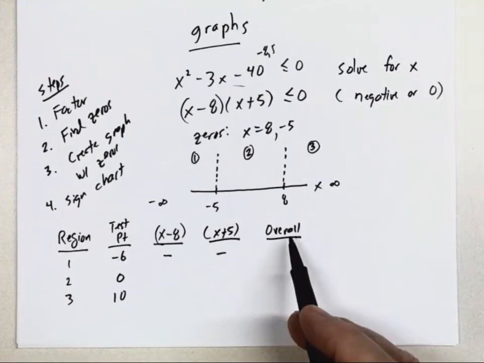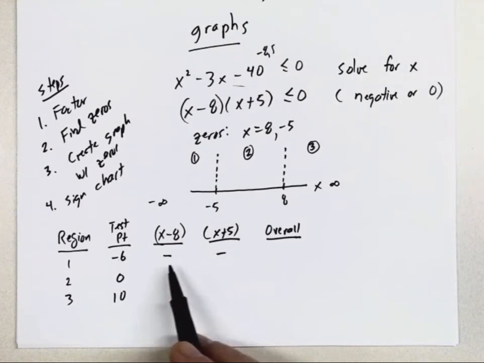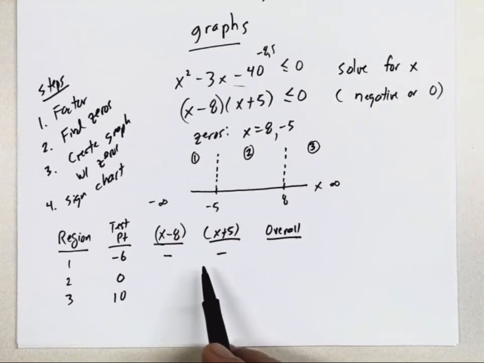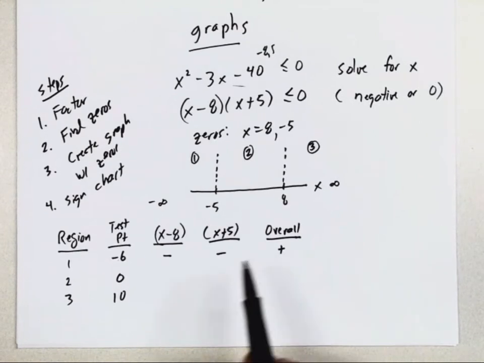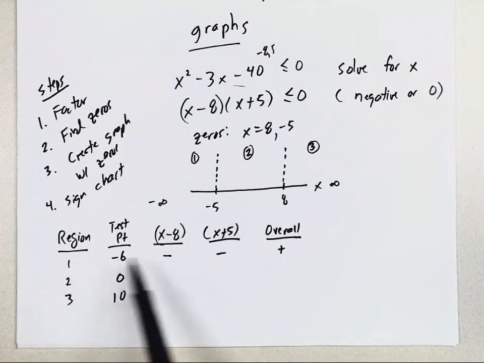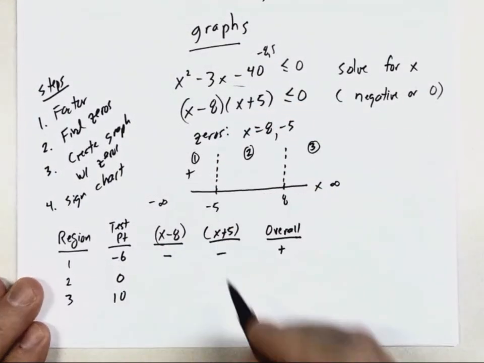And the overall is you multiply together, in this case, these two signs. What's a negative times a negative? It's a positive. So here's what I've just discovered. I've just discovered that region 1 is a positive region. I even go up here and I put a positive sign.